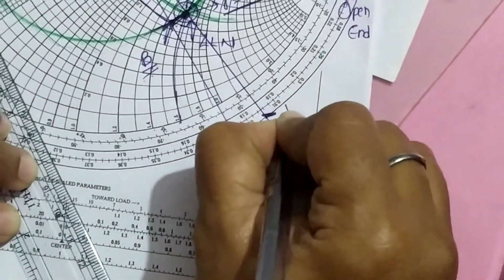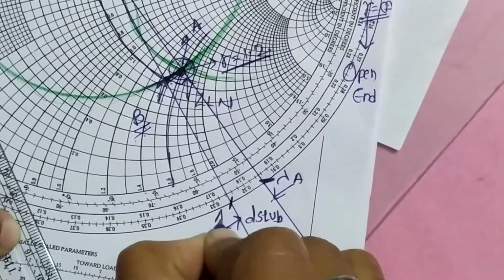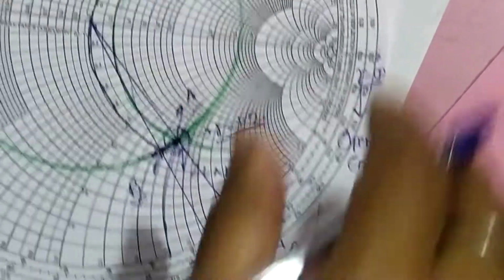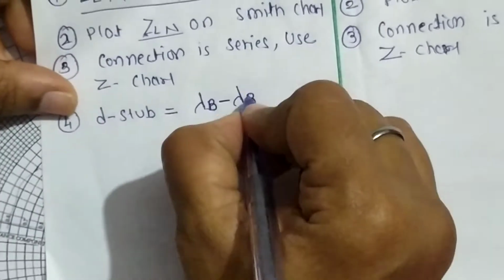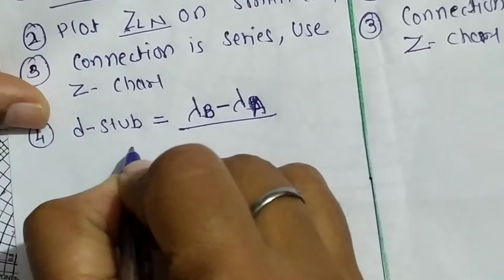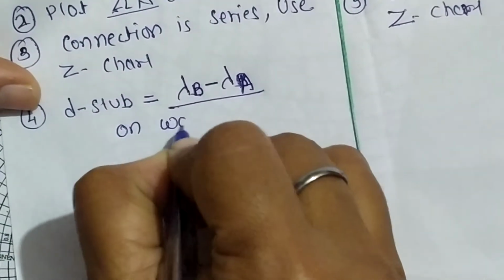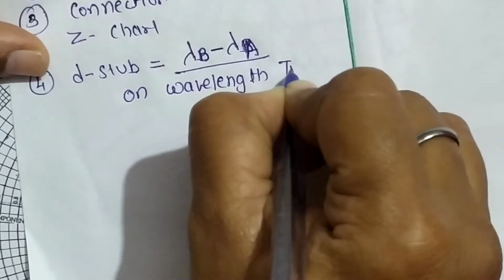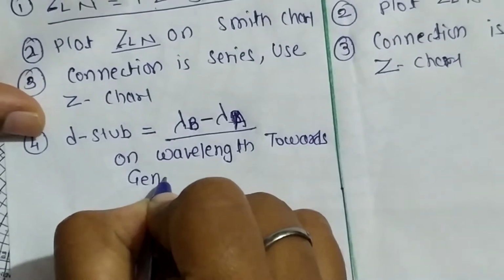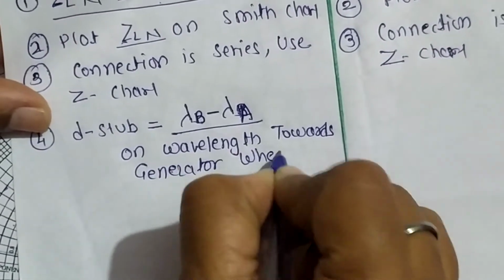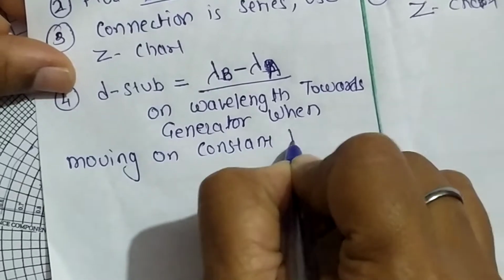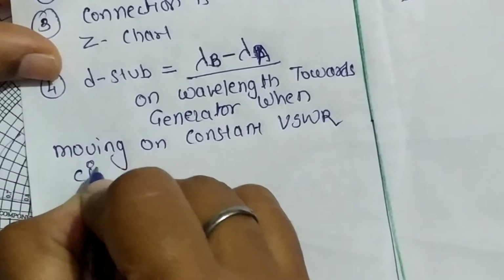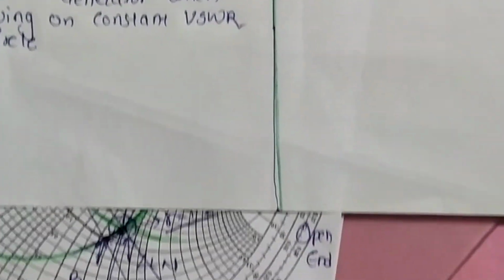Say this is the wavelength corresponding to point A, this is the wavelength corresponding to point B. So let's say D stub is the wavelength corresponding to point B minus the wavelength corresponding to point A, on the wavelength scale towards the generator, when moving on the constant VSWR circle.